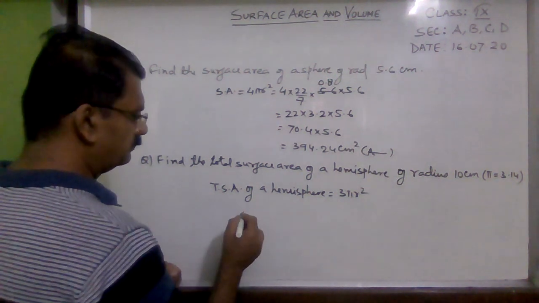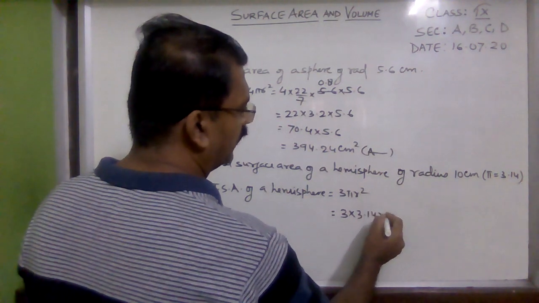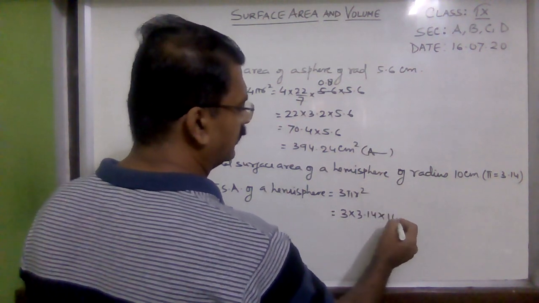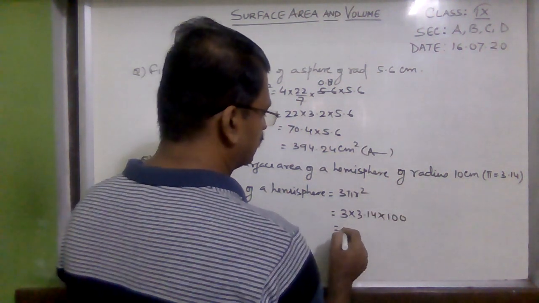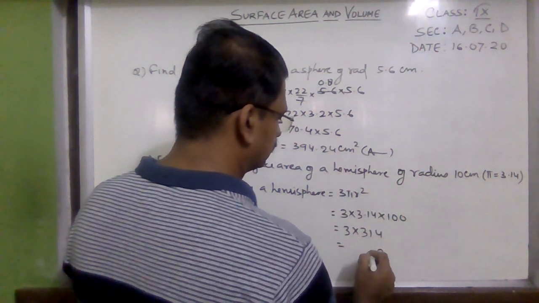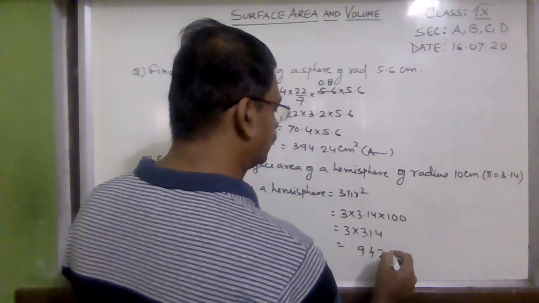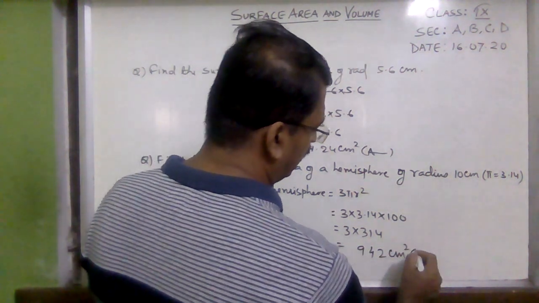So 3 into 3.14 into 10 square will be what? 100. So it is 3 into 314. 942 centimeter square is your answer.